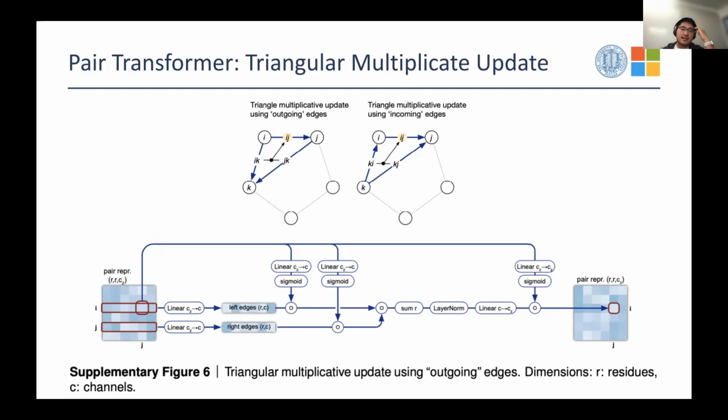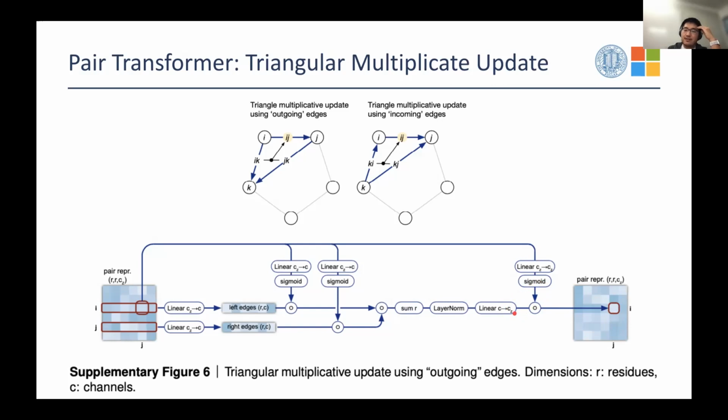Then the computation goes through linear, sigmoid, sum, layer norm, and another linear, with specific calculations, and is finally updated to a CZ vector. So you can see the output will be a CZ vector.